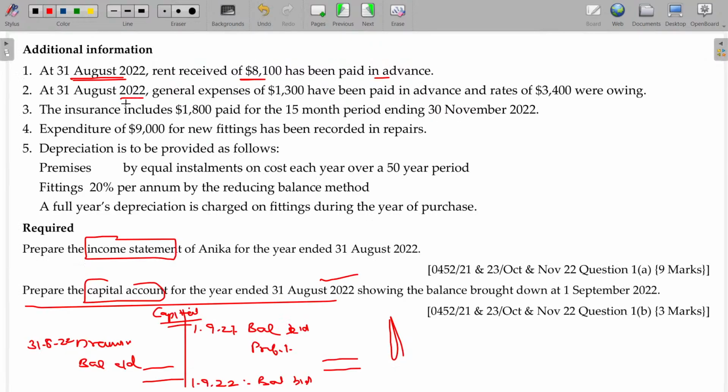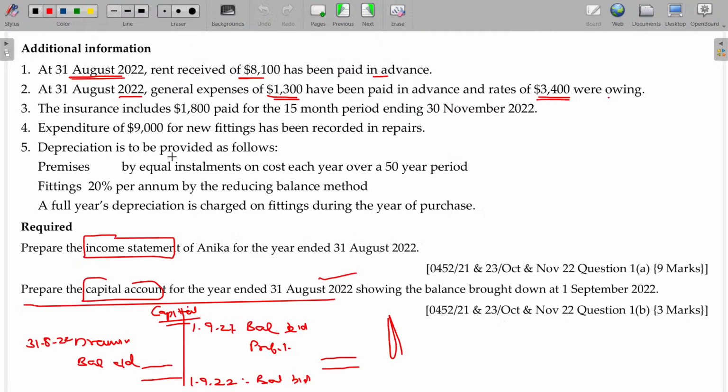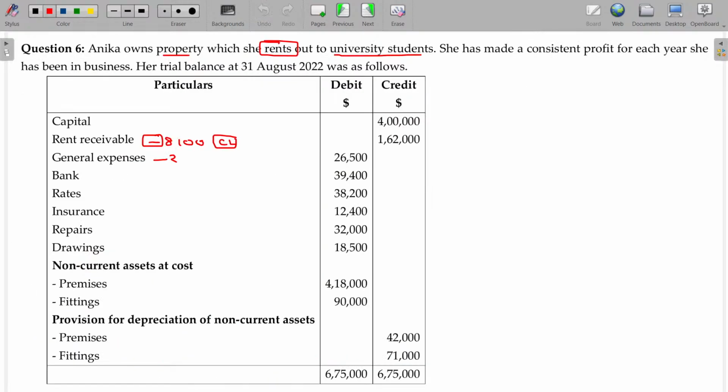On 31st August 2022, general expenses 1,300 have been paid in advance and rates 3,400 were owing. General expenses paid in advance, so that should be subtracted. Advance means subtracted, 1,300.